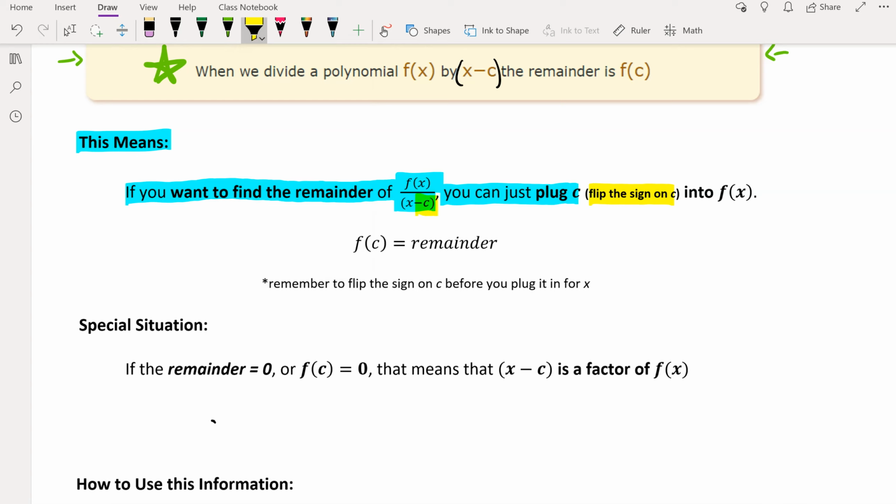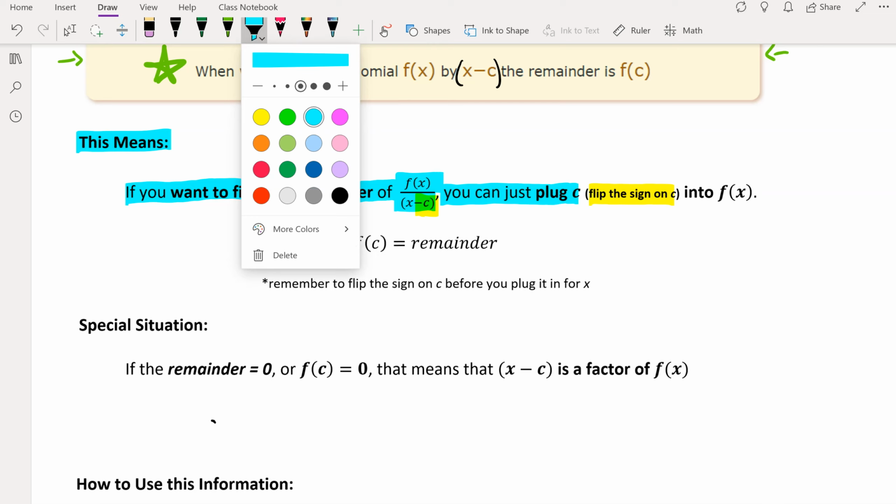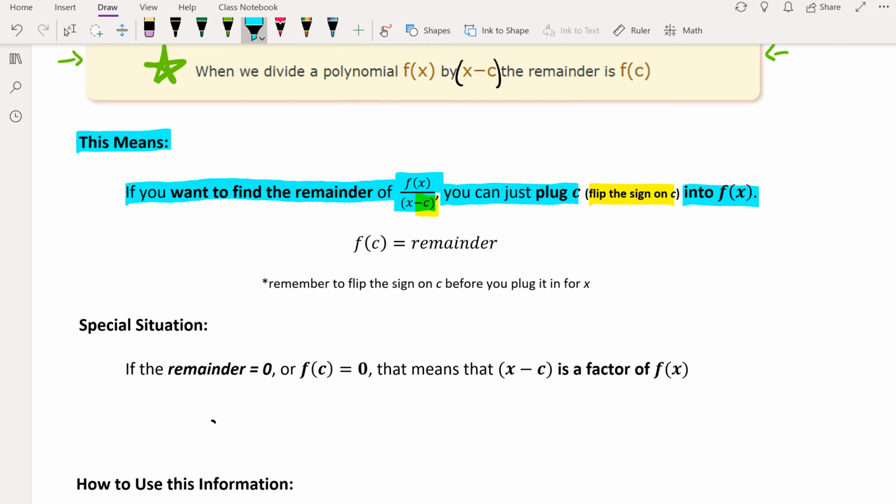So you'll flip the sign and plug c into f of x. f of c equals the remainder. And I reminded you again, remember to flip the sign on c before you plug it in for x.